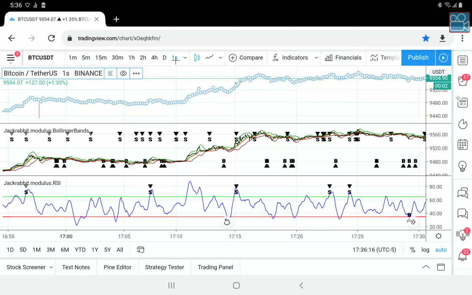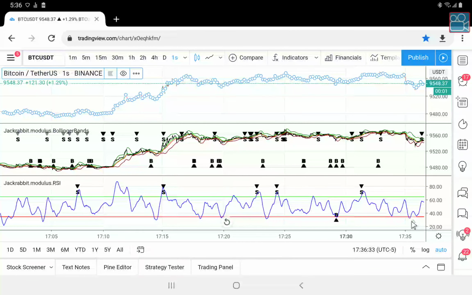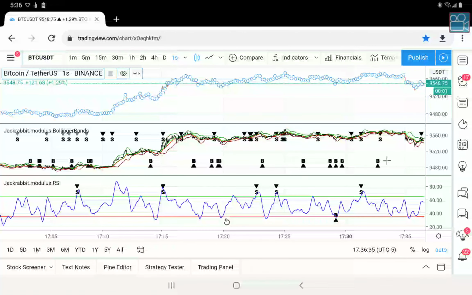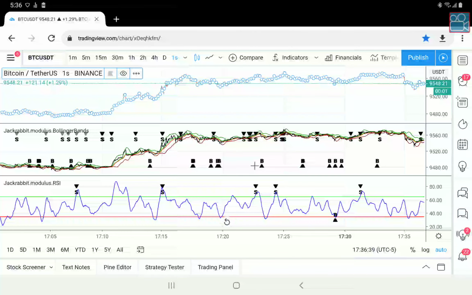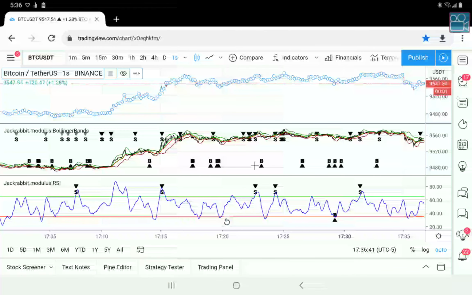Smaller time frames are more prone to cause errors. They're also less likely to bring in as much profit. So it's things you want to be aware of, that while they look nice on the screen, to see this cascade of real-time information flowing in, realistically, your profits are not going to be that good.